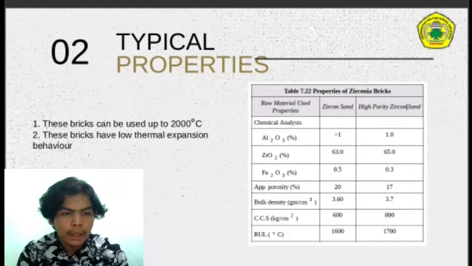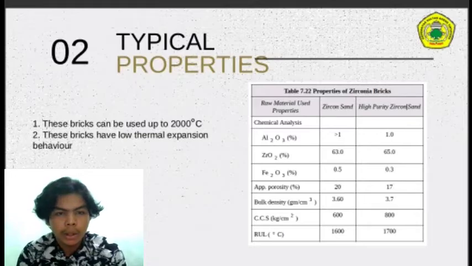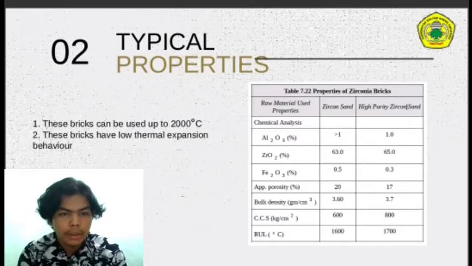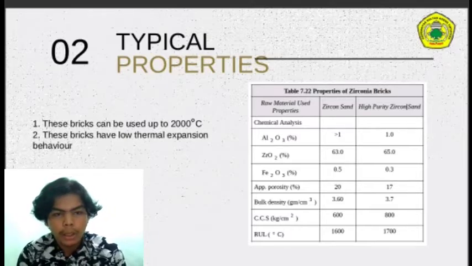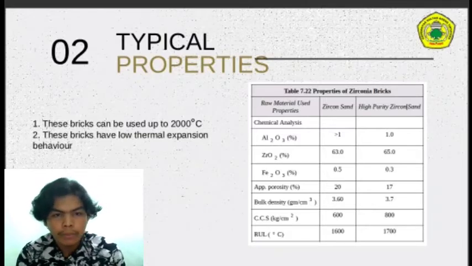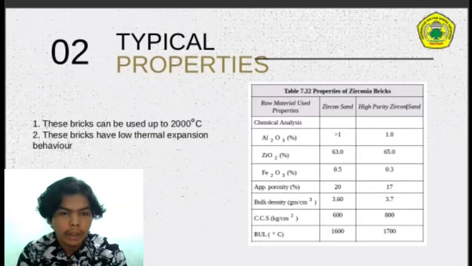Fifth, porosity percent, zircon sand 20, high purity zircon 70. Next, bulk density, zircon 3.60, high purity zircon 3.7.